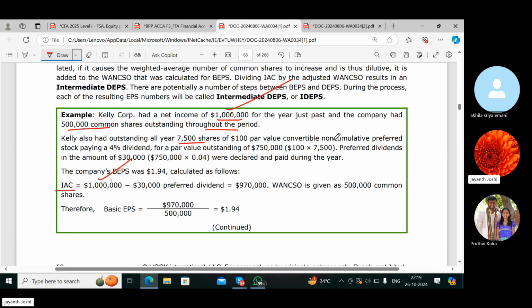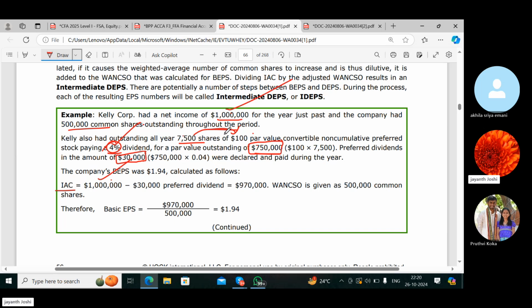7,500 shares. Here you can see convertible non-cumulative preferred dividends paying 4%. So we'll calculate the dollar amount. 7,500 shares into $100 will make it $750,000, and $750,000 into 4% will give you $30,000 as the dividends.